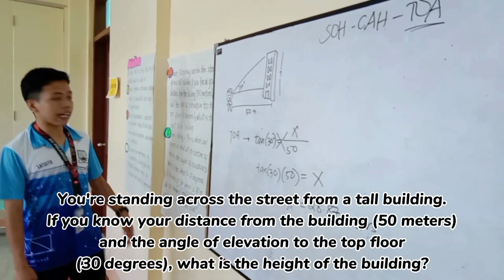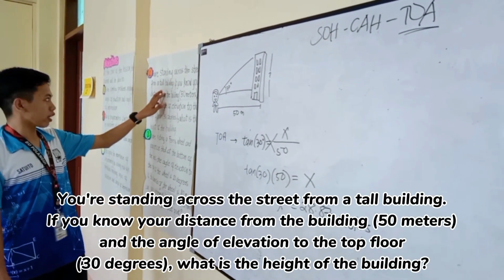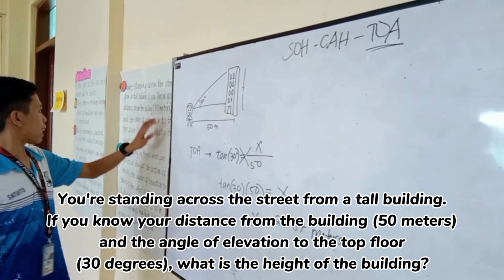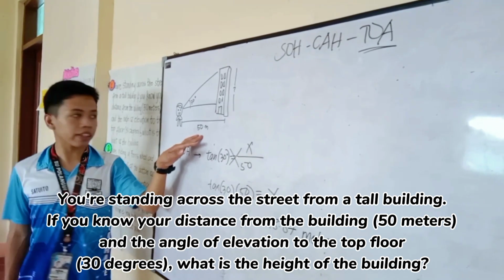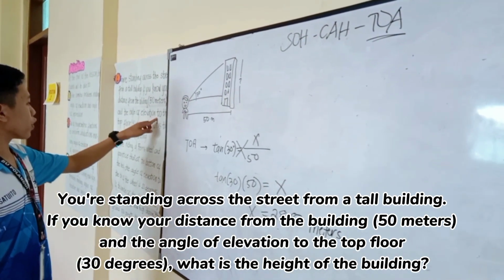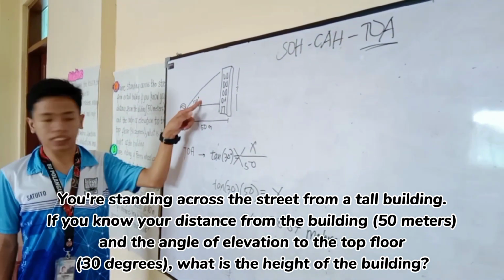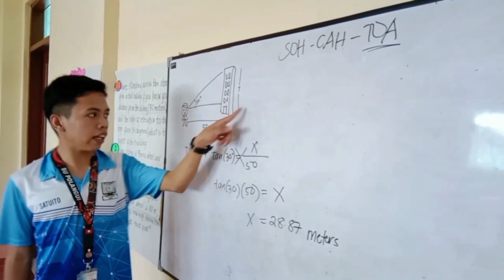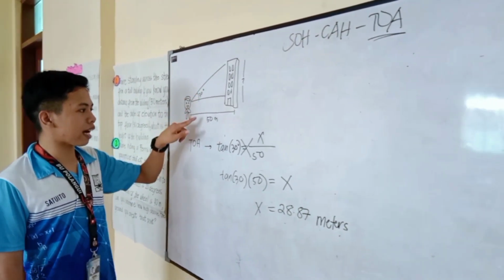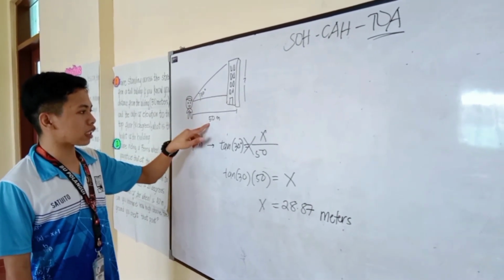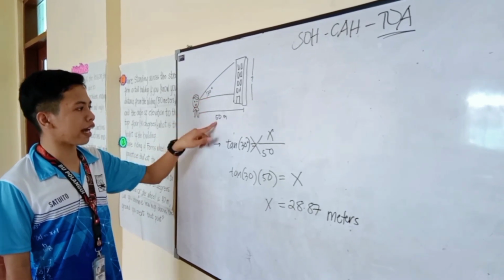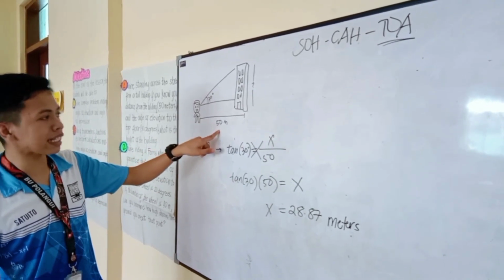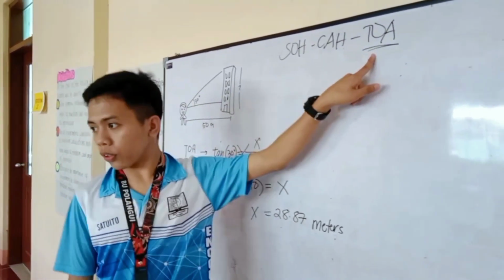So the problem is, I'm standing across the street from a tall building. If I know the distance from the building, which is 50 meters, and the angle of elevation to the floor is 30 degrees, what is the height of the building? So we are looking for the height of the building. Since the given are the angle and the distance, which is the adjacent, we will use the TOA.